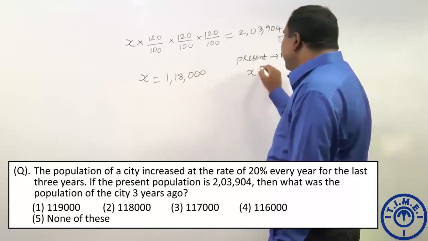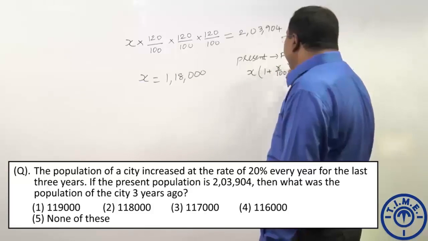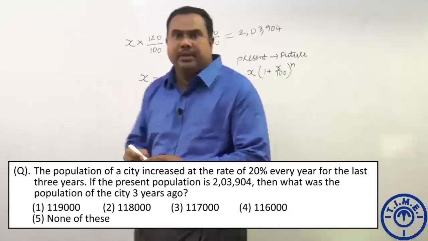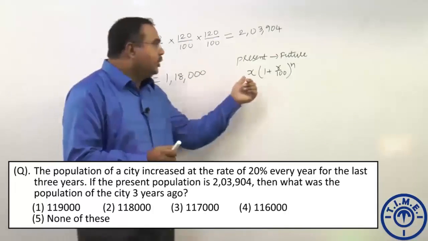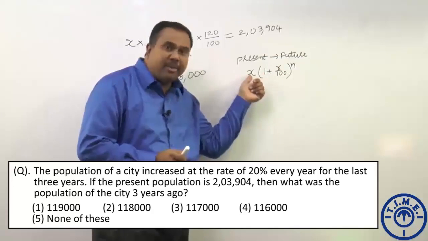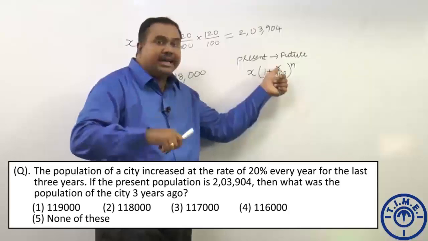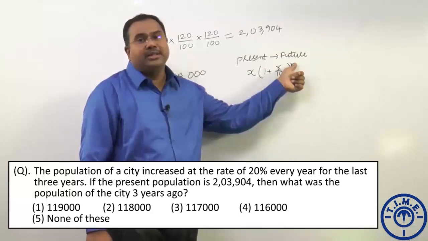The formula is X into 1 plus R by 100 whole power n. The same thing we are doing here. X is present population, R is the rate at which population is increasing, and n is the number of years.